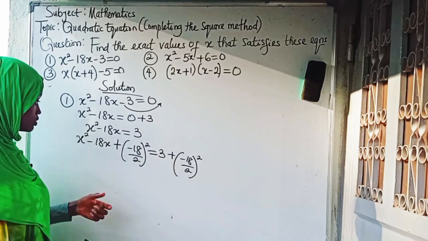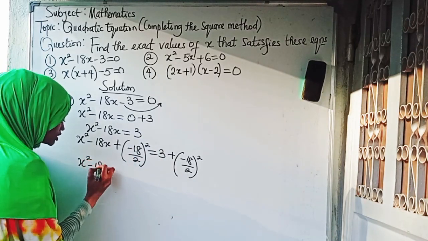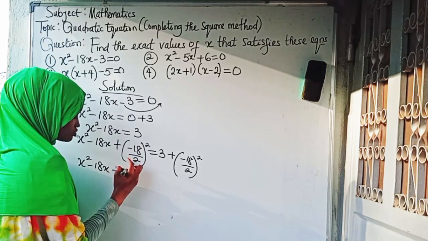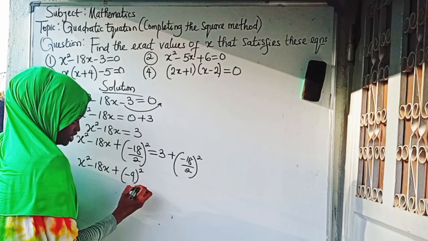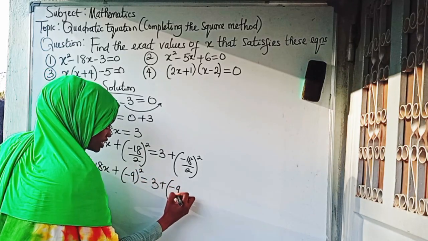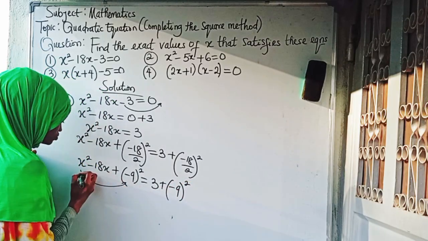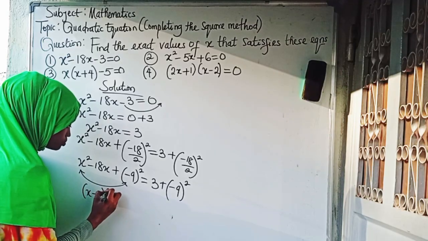So all of this now will simplify. This becomes x squared minus 18x plus minus 18 divided by 2, which gives us minus 9, squared. This is equal to 3 plus minus 9 to the power of 2. We take these two values on the left, which is the same thing as x minus 9 all to the power of 2.